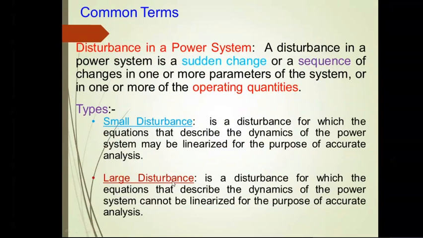For example, a sudden outage of a large generator in the system, or suddenly a large amount of load is cut out, or a line trip, where there were two parallel circuits and one circuit is completely cut out. That is again a form of a large disturbance. So that is how we distinguish a small disturbance and a large disturbance.